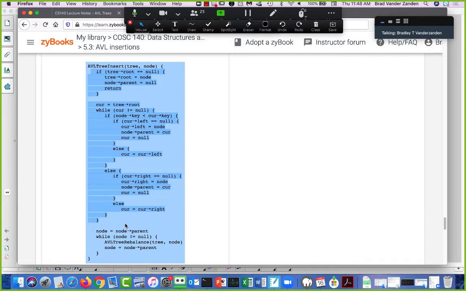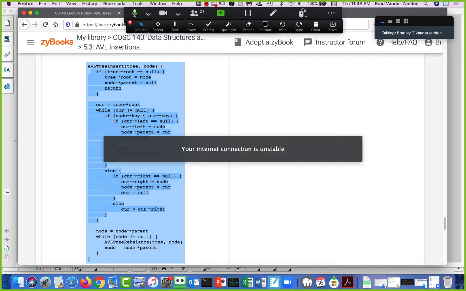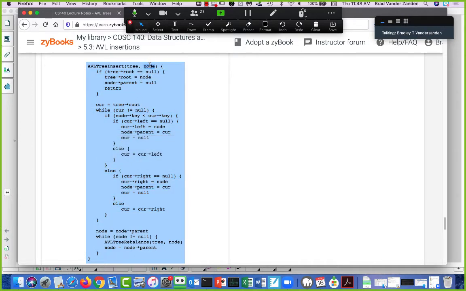I'm not going to go over it now because it's exactly the same code that you saw in Chapter 4 for inserting into a binary search tree. When we're done, the node has been inserted. So here we inserted the node, or we passed in the node. When we're done, the node is inserted, but we may have to rebalance the tree.